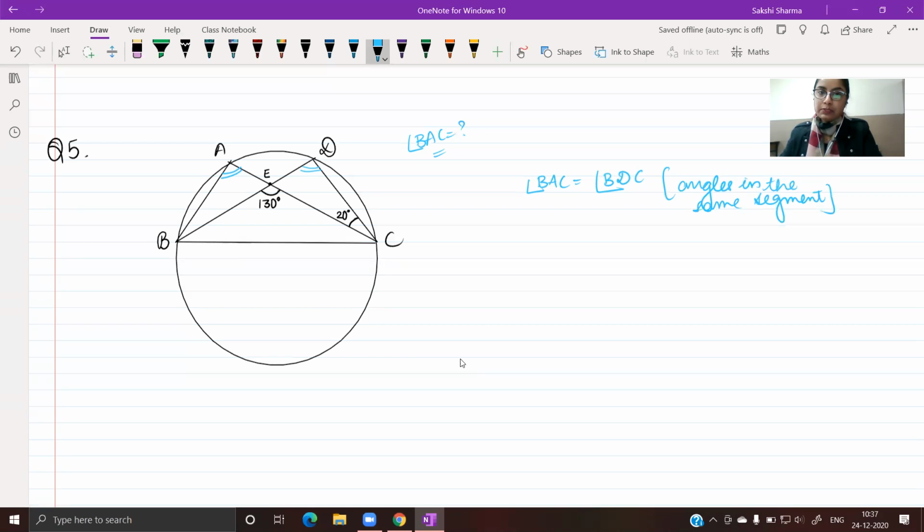These are angles in the same segment. And to find out angle BDC, I'm working in triangle EDC. Exterior angle BEC will be equal to angle EDC plus angle DCE.